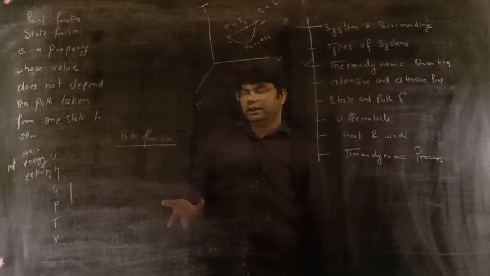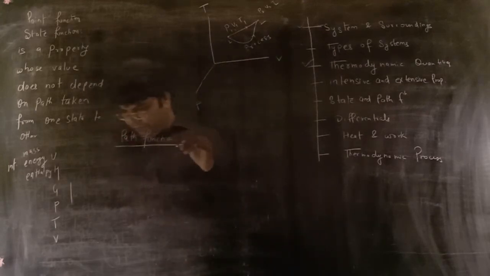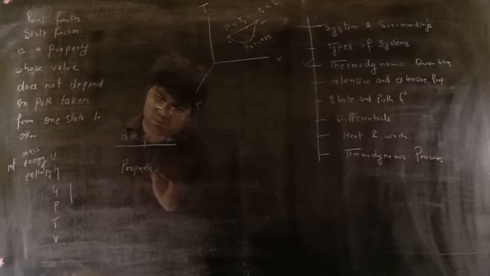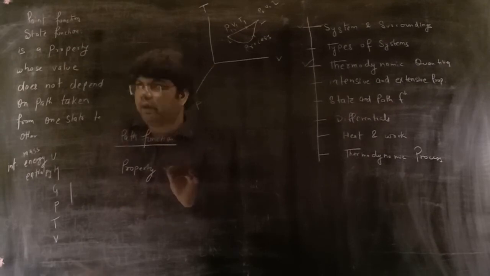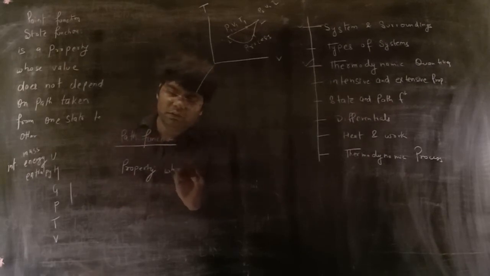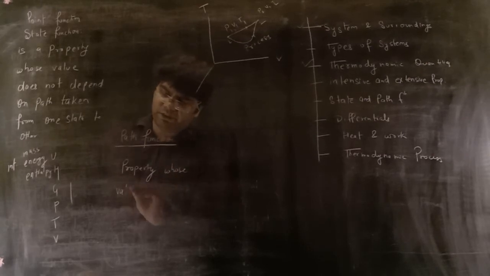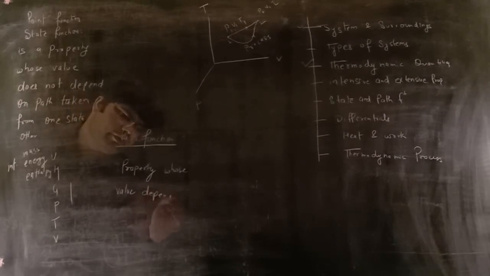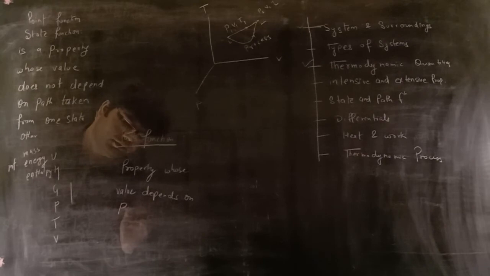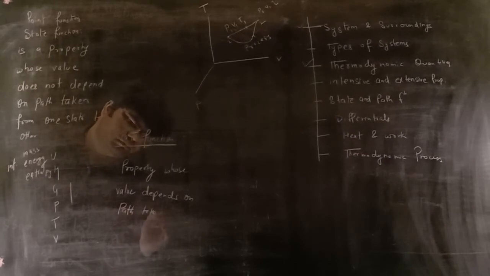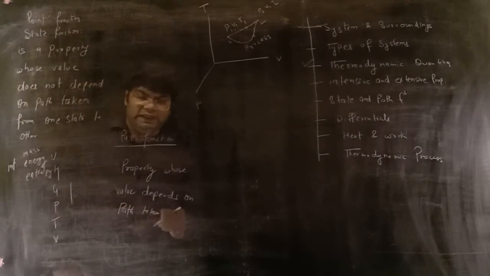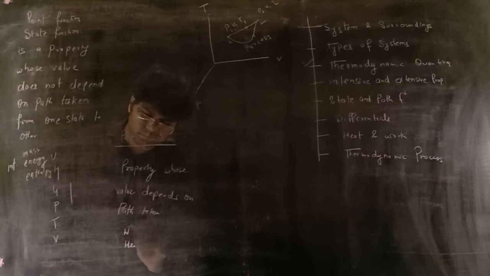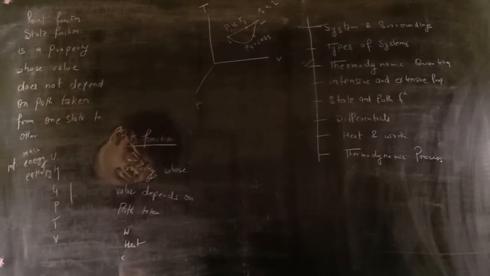So a path function is the property whose value depends on the path taken. Examples are work, heat, arc length.